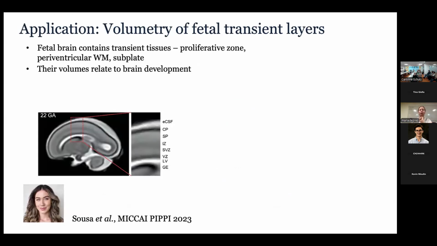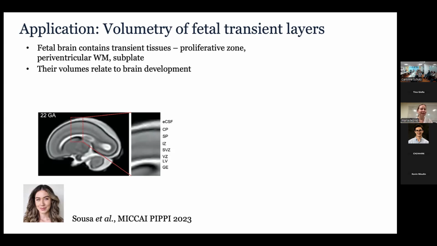I just wanted to show you a few applications that we've been doing very recently. So this is Helena. She is coming here in November to work with Ellen for a couple of months. She's been looking at segmentation of transient layers in the fetus. The fetal brain is not white matter and gray matter like in adults, but we have some other tissues.